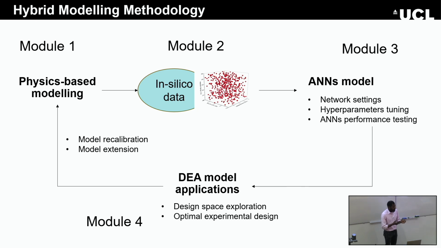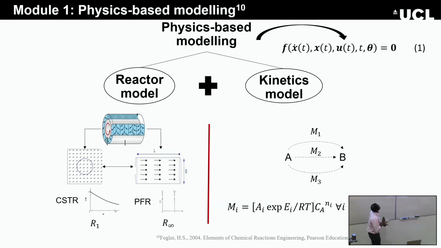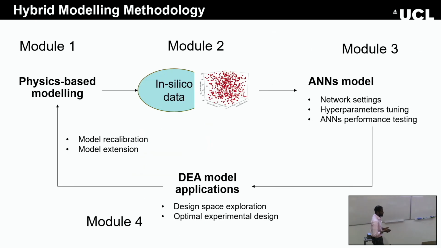So I'm illustrating the framework of this methodology using this figure here. We have 4 modules making up the framework. The first is the physics-based model. And then this physics-based model is able to generate as much data set as we want, which will now be used for the training of the artificial neural networks.